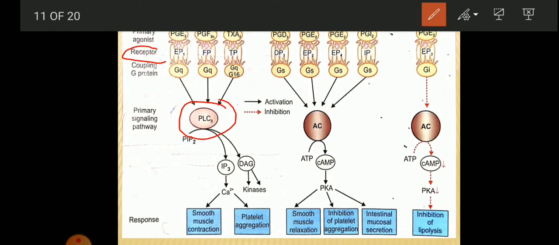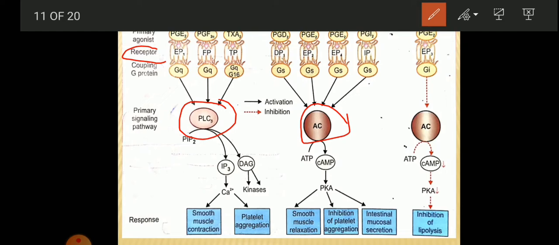Next is the relaxant group, which includes the primary agonists PGD2, PGE2, and PGI2. They couple with the Gs protein. How? When these primary agonists bind to receptors like the DP1 receptor, EP2 receptor, EP4 receptor, and IP receptor, this coupling results in the activation of adenylyl cyclase, and this results in the conversion of ATP into cAMP.